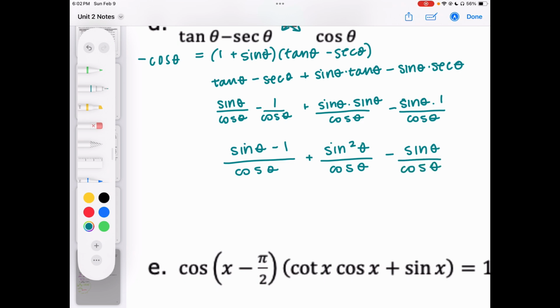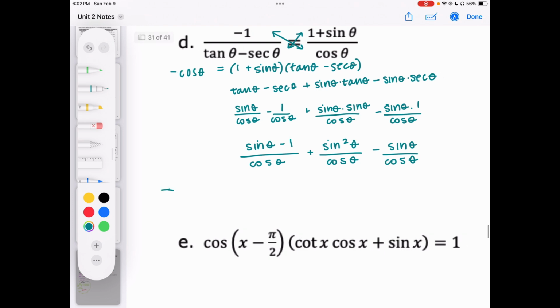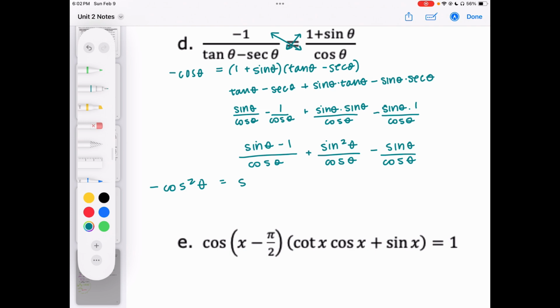Okay. Now I can multiply everything on the left by cosine theta. So I would have negative cosine squared theta equals sine theta minus 1 plus sine squared theta minus sine theta.